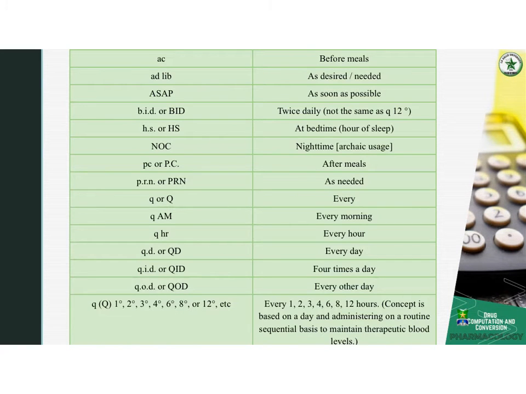Next to that is your AC. AC stands for before meals in medical English, because AC in Latin is ante cibum. Next, ad lib. Ad lib is as desired, ad libitum.